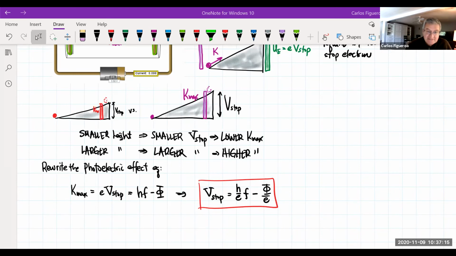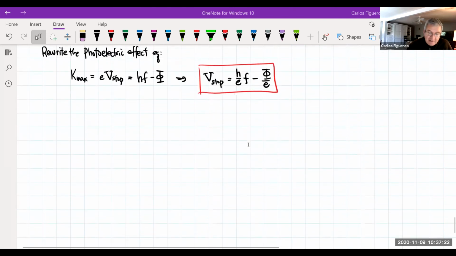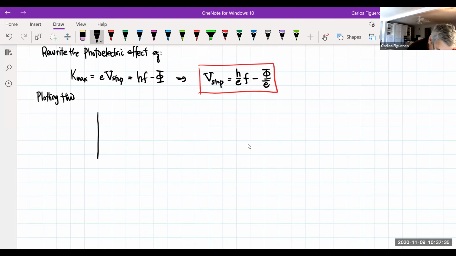So when you plot these things, look at what happens here. And these plots are very, very powerful. So let's plot this. What you're seeing here is that they plot V stop, and then they have frequency that they're looking at.